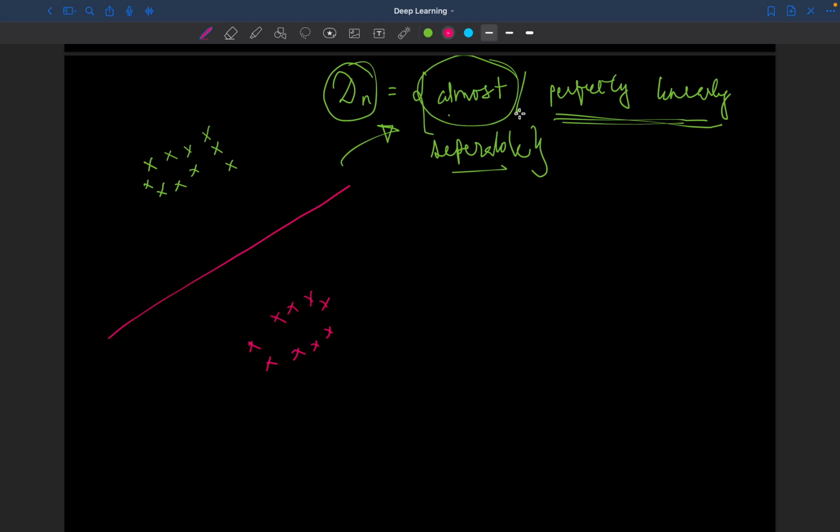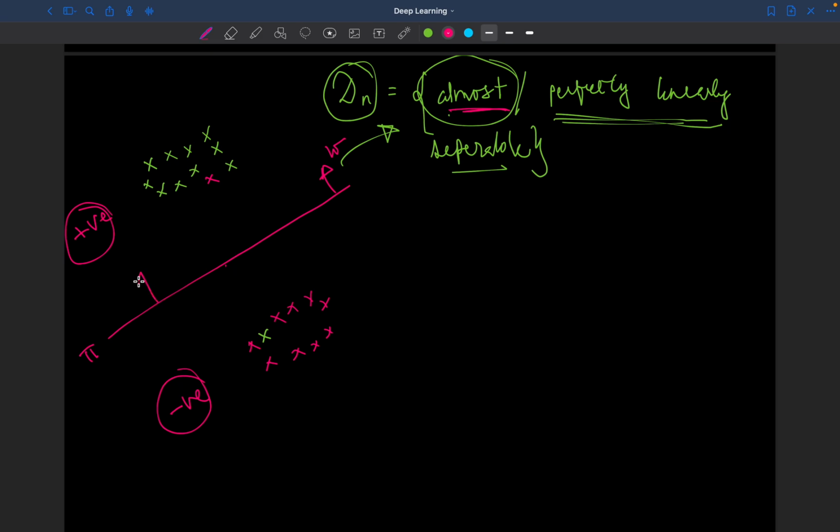But since we are considering the almost linearly separable case, we use an erroneous data point here and an erroneous data point here. This is our plane and this is our w, or the normal to the plane. This side we have the positive side of the plane. This is the negative side of the plane. Always remember that. This line separates the positive from the negative.